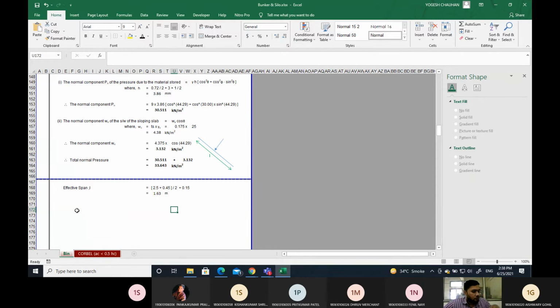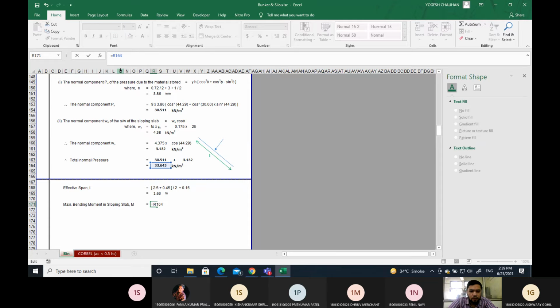Now let us find the bending moment. The maximum bending moment in footing slab, let us call this M, will be equal to W, that is this value.